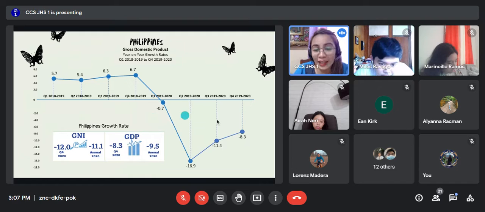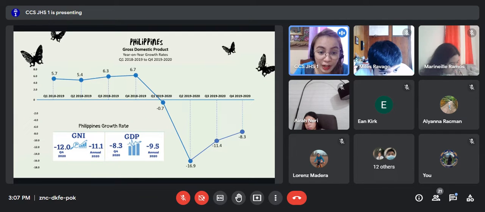So that is for the quarterly data of the Philippines, but for the annual data of the GDP and the GNI for 2020, we incurred a negative 11.1% growth rate for GNI. And then for GDP, we have a negative 9.5 annual growth rate for 2020.